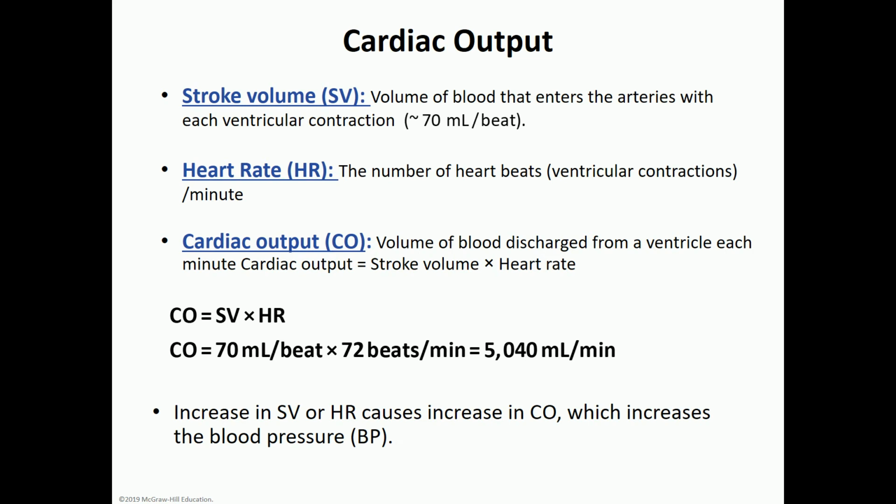So you would know that the cardiac output is how much blood is pumped out of the ventricle per beat times how many beats per minute. And that gives you the amount of blood that is pumped out of the heart per minute. So again, your cardiac output would be your stroke volume, say 70, times the heart rate, 72, and this would be your cardiac output. If anything of these increase, your blood pressure increases. So an increase in stroke volume or heart rate or cardiac output can lead to an increase in blood pressure.